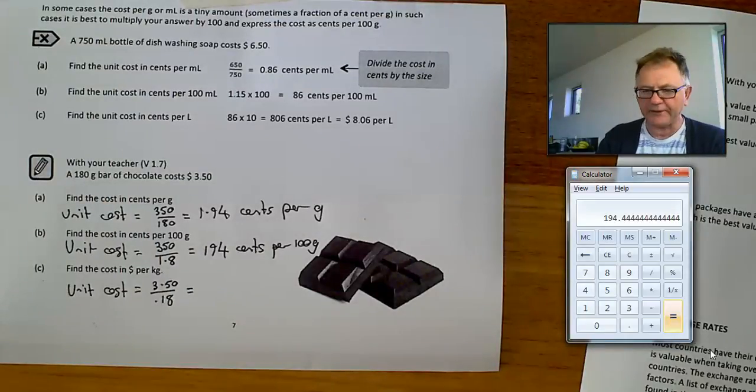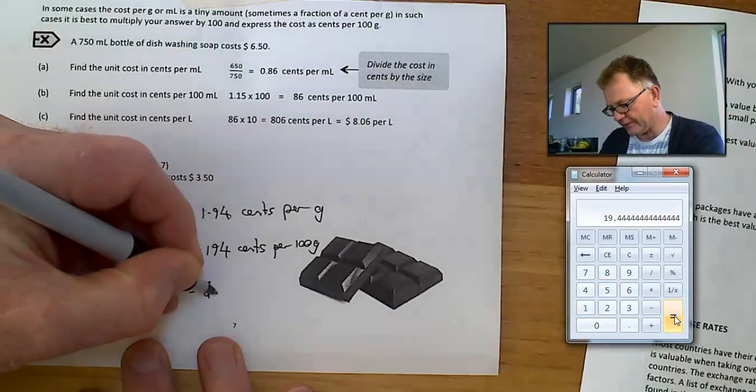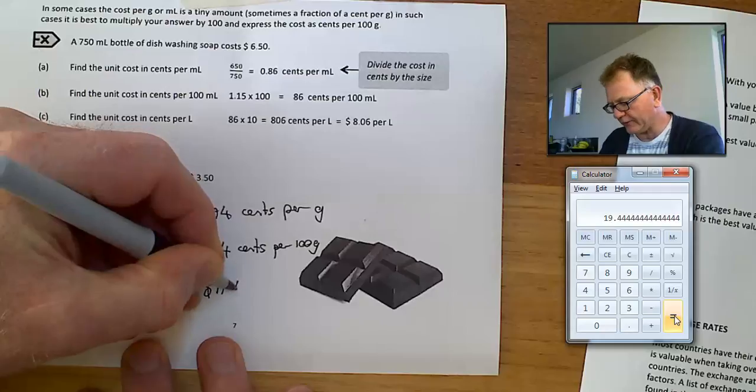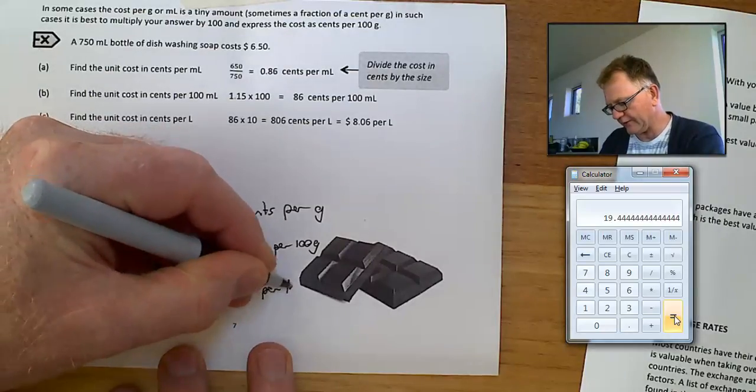It's going to work out at 3.50 divided by 0.18. Works out to be $19.44 per kilogram.